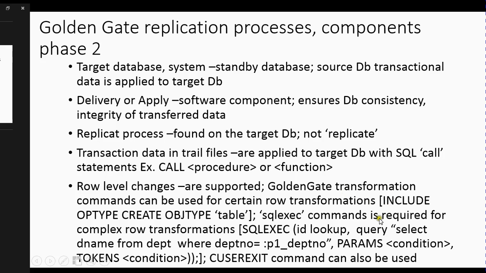You issue this command statement and include the different object type, and that's how you're able to modify the information that came over inside the trail file before it is applied to the target database at the row level.